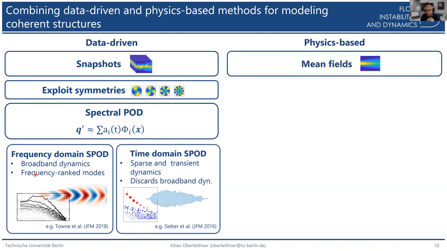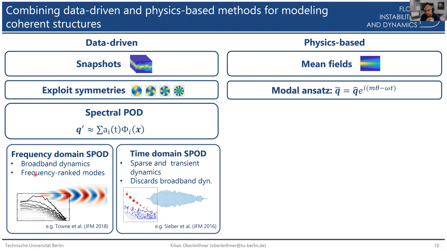The physics-based approach obviously is based on stability analysis, and we apply this analysis to the mean fields. These mean fields you also need to have from either numerical simulation or experiments. And we impose a classic modal ansatz, which also exploits some symmetries of your mean flow.